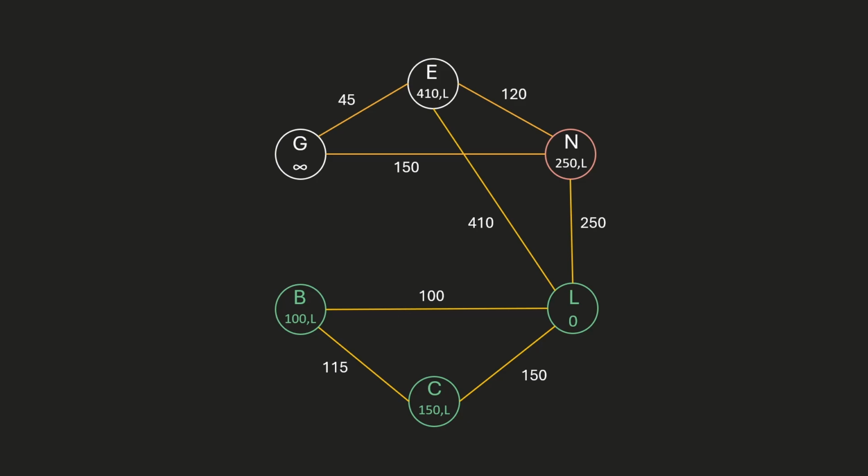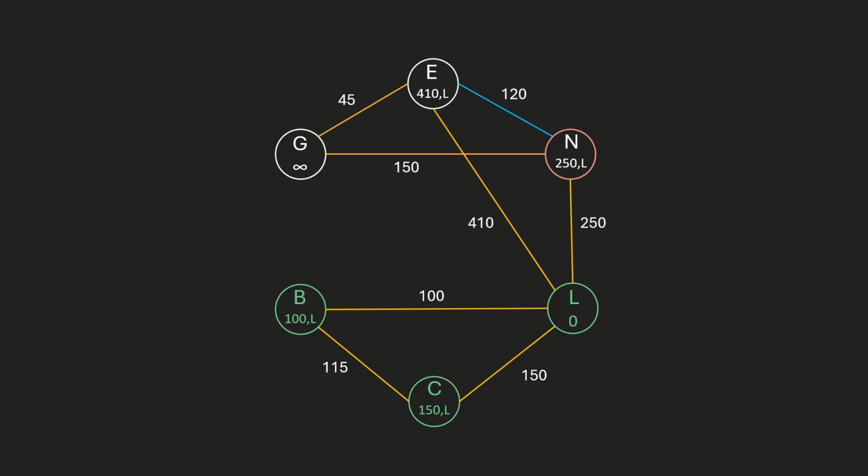So let's look at the first neighbour, which is adjacent cells. The first adjacent cell is Edinburgh. So the cost to go from Newcastle to Edinburgh will be 250, which is the total cost of Newcastle right now, plus 120, which equals 370. You might notice that 370 is less than Edinburgh's current total cost, which is 410.